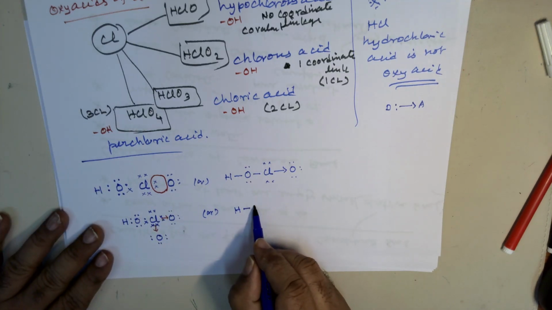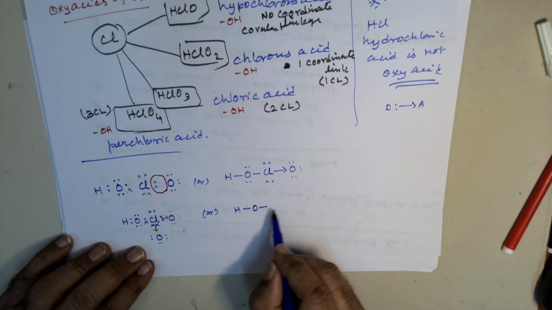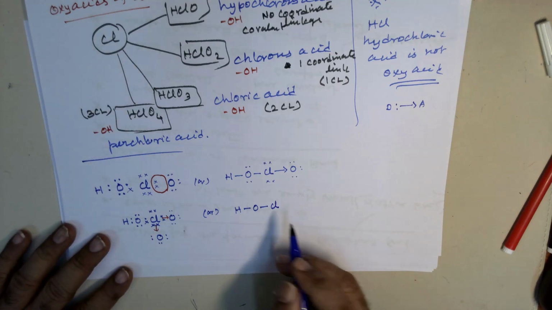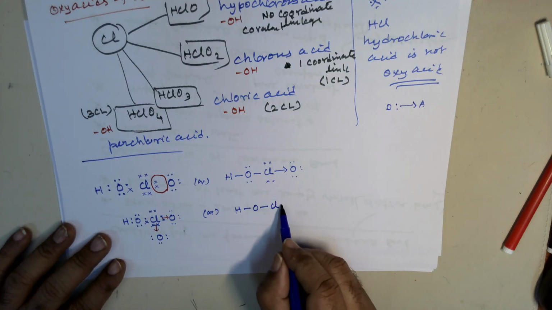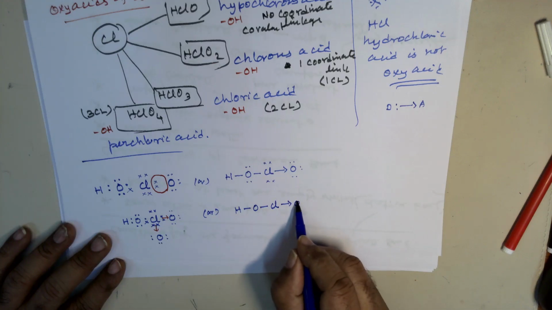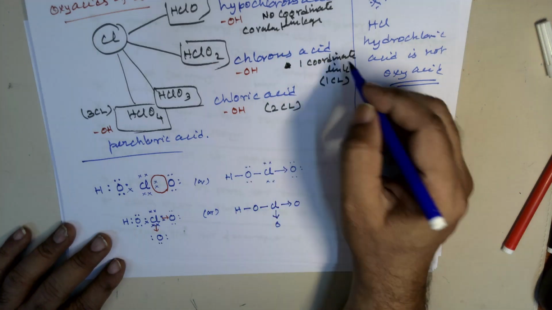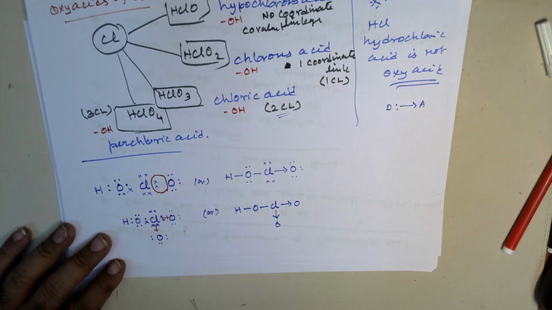H, O, and then bond. I'm going very slowly because you have to understand the concept. Then here one coordinate bond O, another coordinate link O, and that's why I said there are two Cl links.